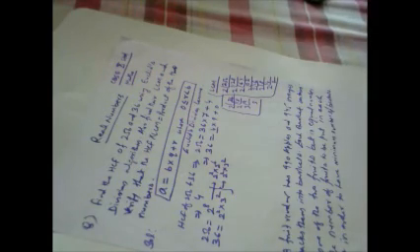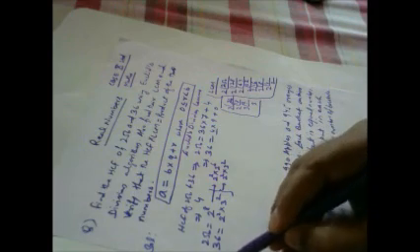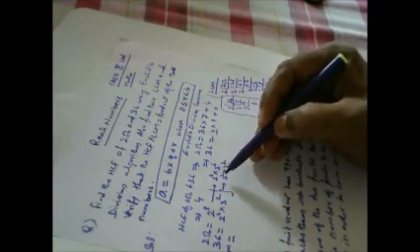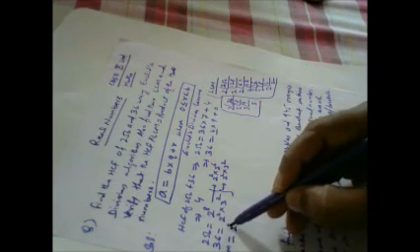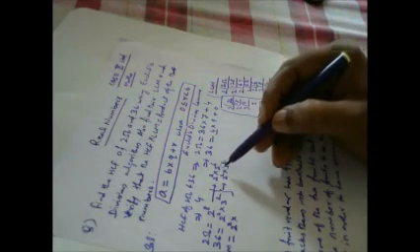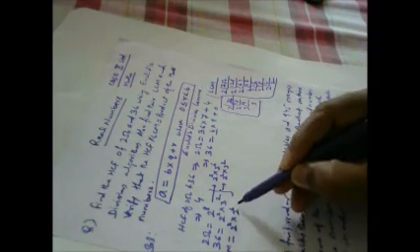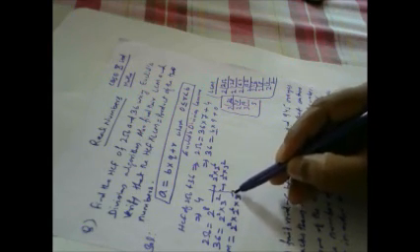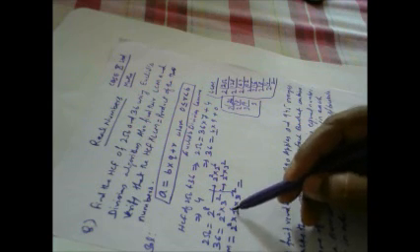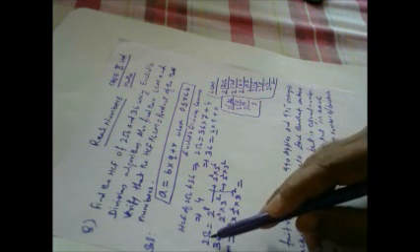So the LCM will take 2 squared, which is common, and the parts which are not common also come into the LCM: 2 to the power 6 into 3 squared. 2 to the power 6 into 2 squared is 2 to the power 8, that is 256 only.